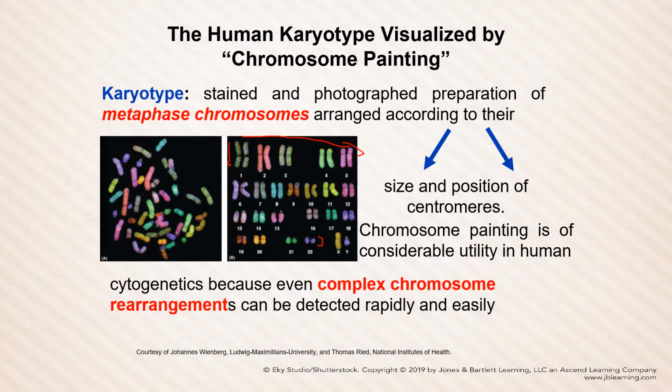This technique is very useful, and I'm going to show you in a second how it allows us to see complex chromosome rearrangements. Those complex rearrangements play a key role during evolution and also in diseases like cancer. So this allows us to do this very fast and in a very cheap way.